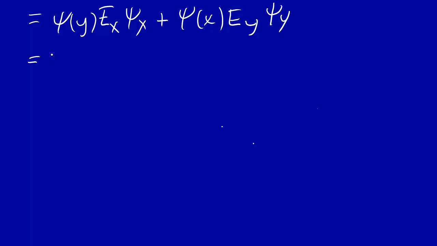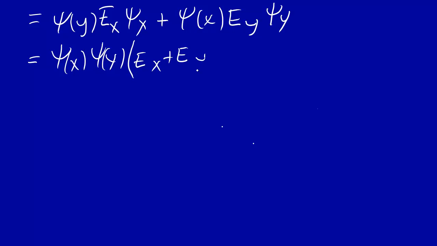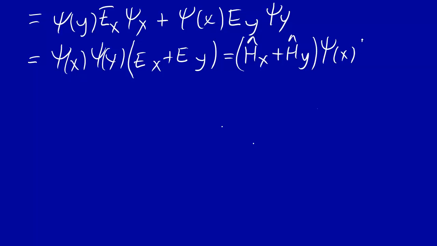We can rewrite this as psi of x, psi of y, times the sum of the energies, Ex plus Ey. And remember that's equal to hx plus hy, the Hamiltonians for the x and y directions, times psi of x, psi of y. Let's rewrite it again: H psi, where psi is now a product, is equal to E psi, where E is the sum of the energies. There we go.